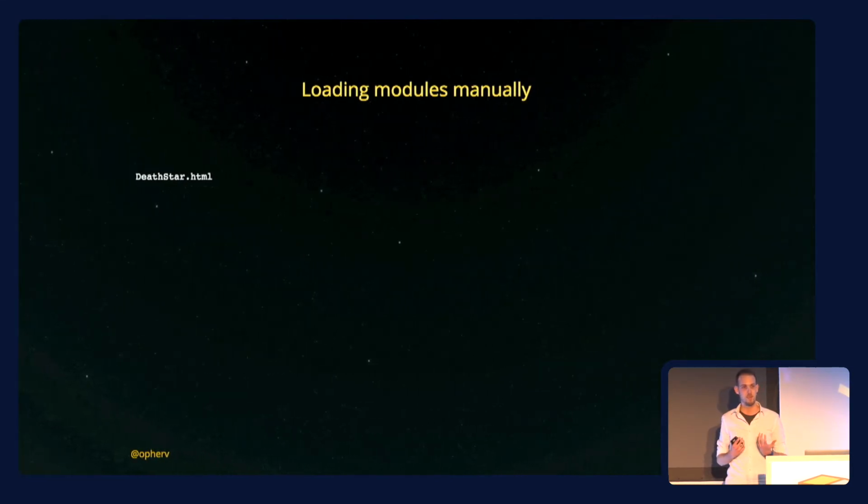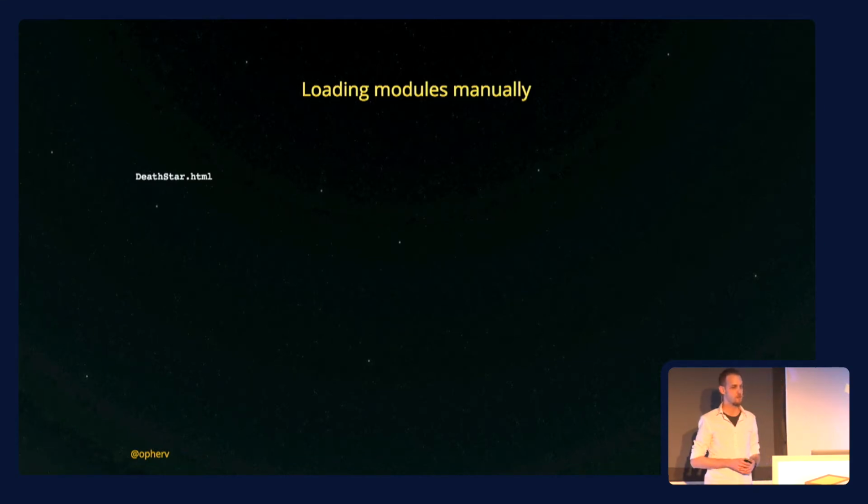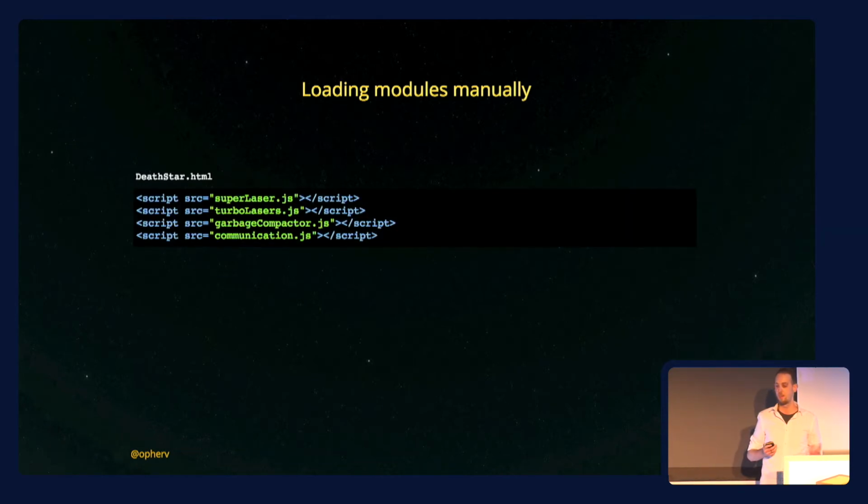Let's start talking about modules. So what are modules? Modules are self-contained pieces of code that deal with one topic, one thing, in a self-contained way. So let's do this with plain JavaScript. You have deathstar.html. And for each of these different modules, you have your own JavaScript file.